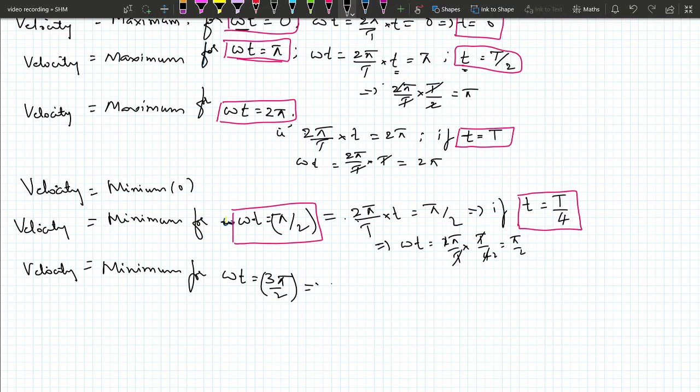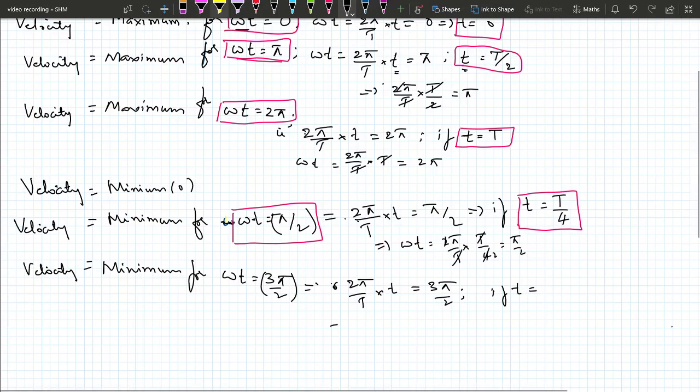Therefore I can write in terms of time. Omega t is nothing but 2 pi by T into t, that should be equal to 3 pi by 2. This is possible if the small t should be equal to 3T by 4.